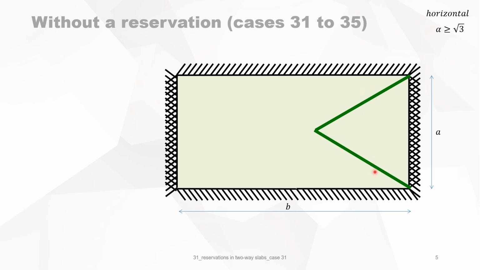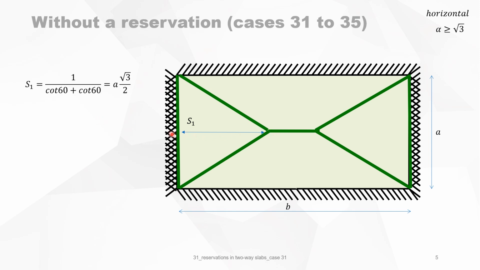We do it in the opposite corner too. And now we do it on the other side, and then we make the connection between the two intersections. Of course, we have also the negative yield line where the slab is clamped, is fixed. And that's the yield line pattern that we consider.